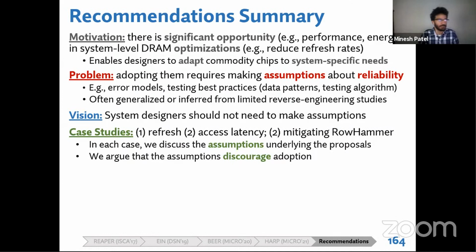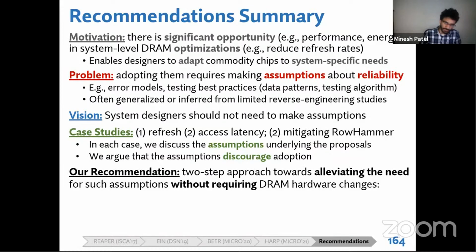We talk about our vision in the context of three different case studies. The first is DRAM refresh overheads. The second is improving DRAM access latency. And the third is mitigating RowHammer. In each of these cases, we discuss the assumptions that underlie the proposals, and then we argue that these assumptions discourage adoption of the proposals themselves. Based on these case studies, our recommendations are a two-step approach towards alleviating the need for these kinds of assumptions without requiring DRAM hardware changes.